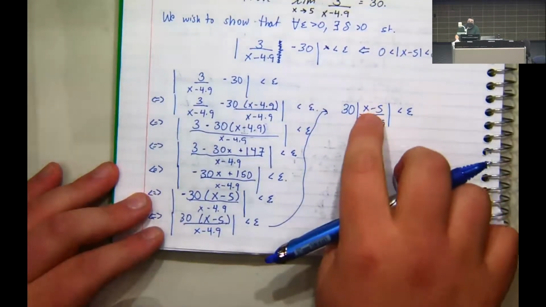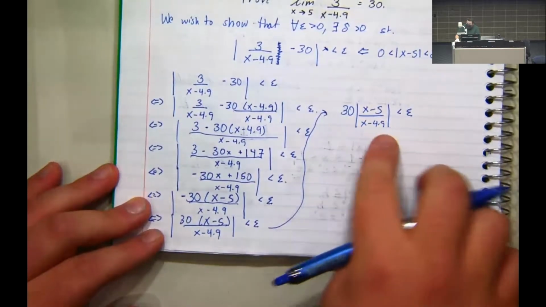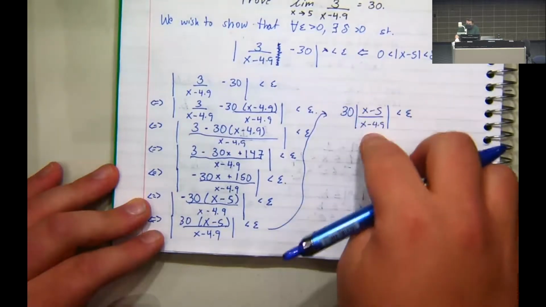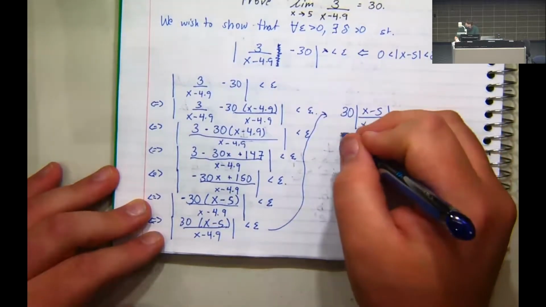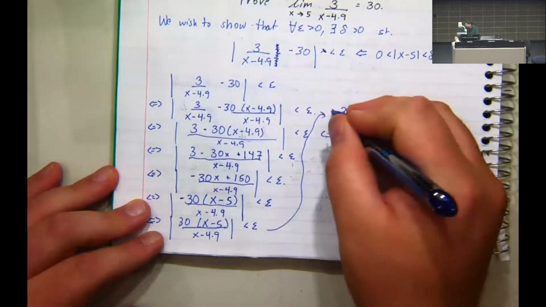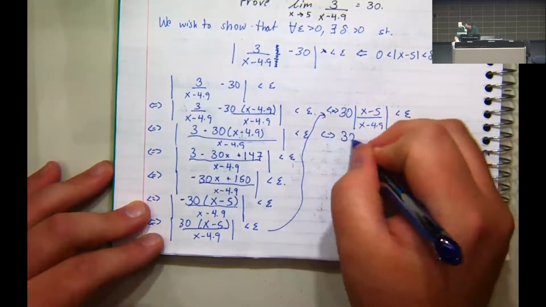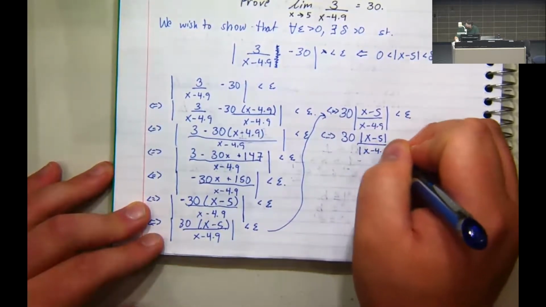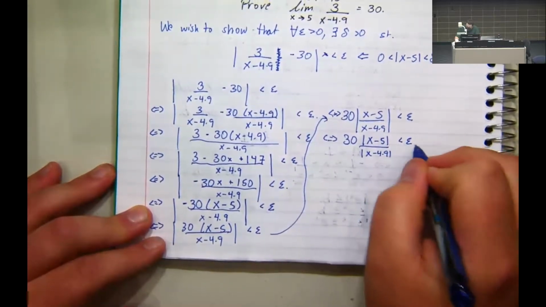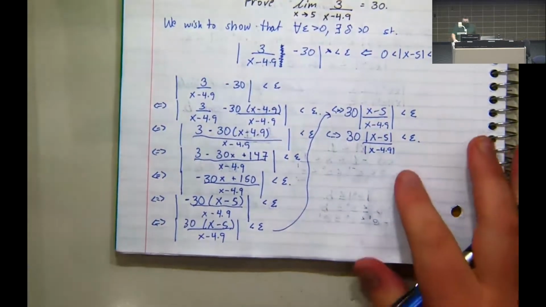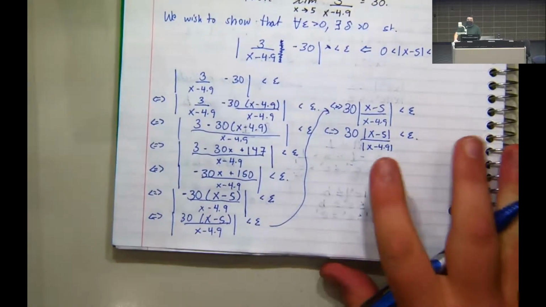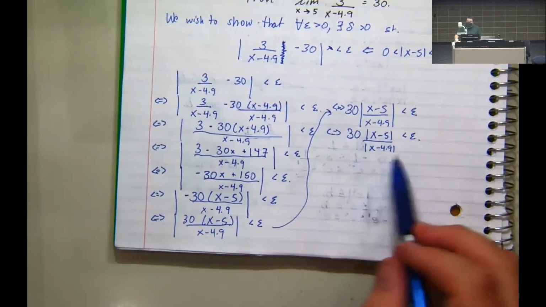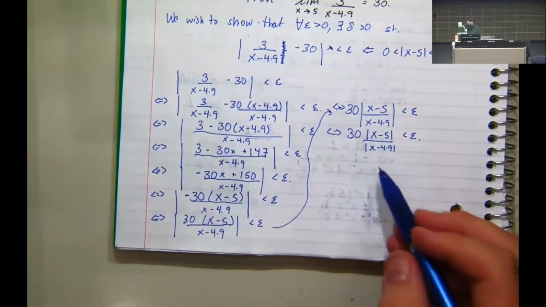And same thing when you have a numerator and denominator, the absolute value of the quotient is the same as the absolute value of the individual numerator and denominator divided by each other. So that written out is 30 times the absolute value of x minus 5 over the absolute value of x minus 4.9, just less than epsilon. And once again, I have x minus 5, 30 is just a number, that's fine, but I still have this x minus 4.9, and so that's our issue here.